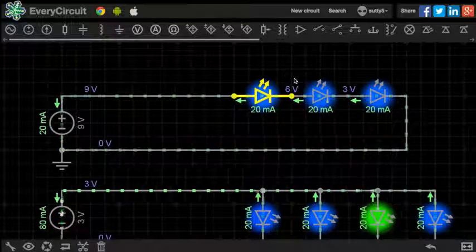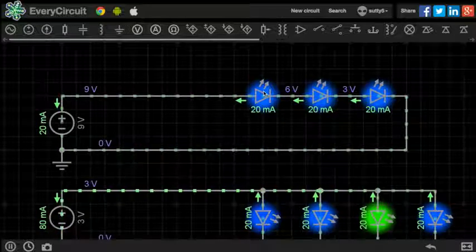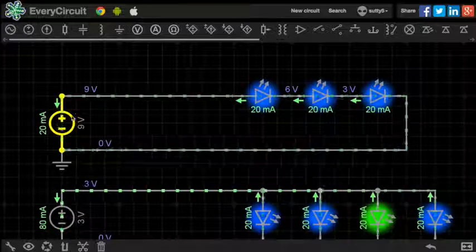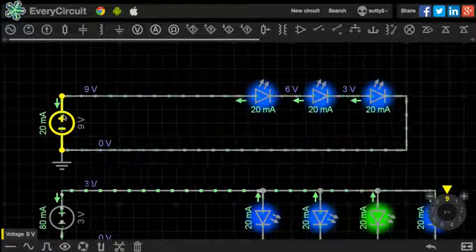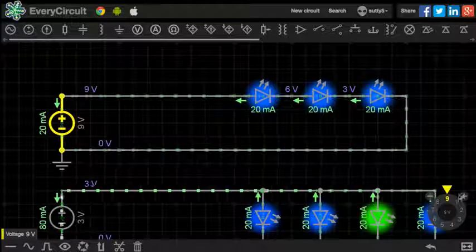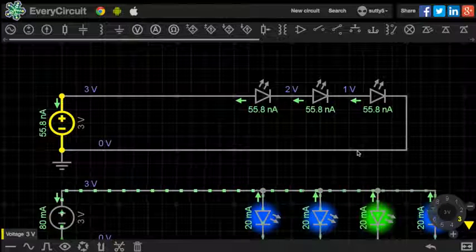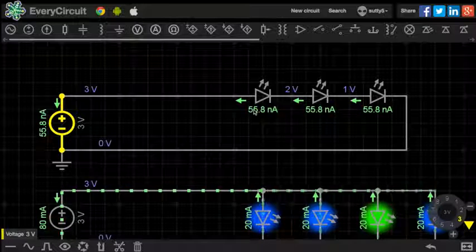So these LEDs each have a specific resistance, and because each of these LEDs requires 3 volts to light, if I adjust the power supply here to 3 volts, you'll see that not enough current is flowing through the circuit here. Just nanoamps of current are flowing. It's not enough to light the LEDs.